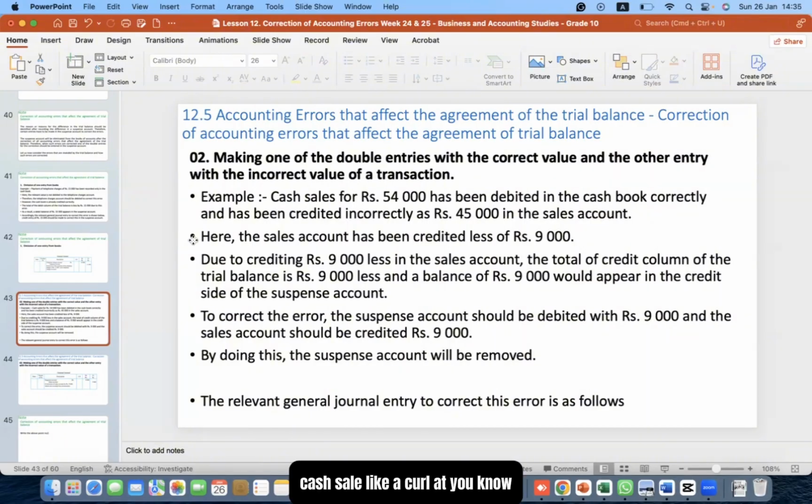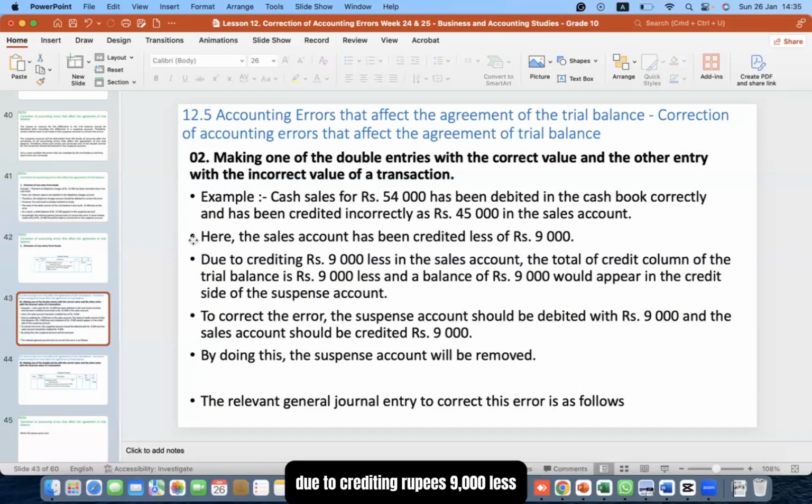Right? That means a cash sale has been made. So you have correctly debited your cash account because you have collected your cash. But in your sales account, which is an income account, you have recorded it as 45,000. Here, the sales account has been credited less by rupees 9,000.